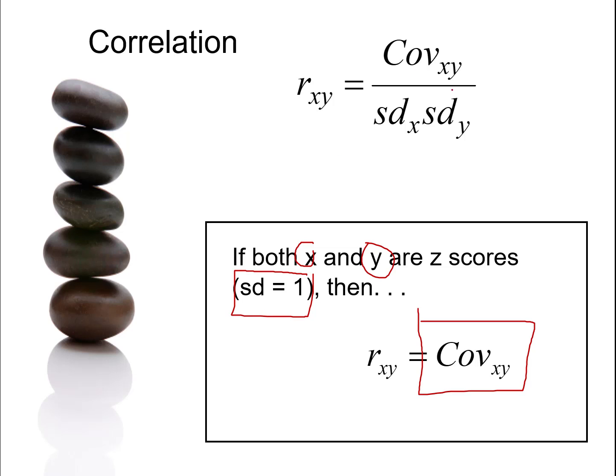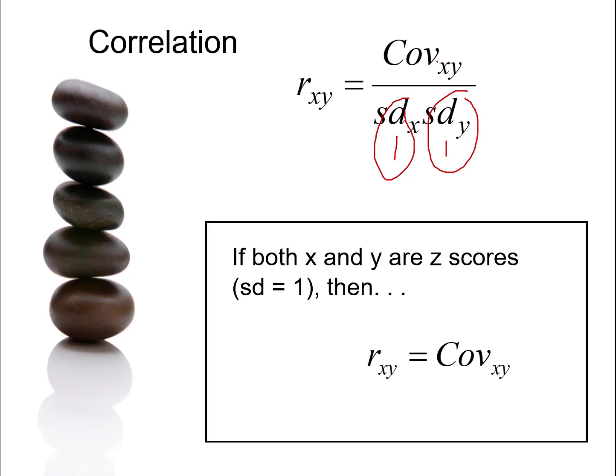And so if we look at our formula up here, if our correlation is equal to a covariance divided by the product of our two standard deviations, well, if both x and y are z-scores, then it will become the covariance divided by 1 times 1, because the standard deviation of x will be 1, standard deviation of y will be 1, and 1 times 1 is 1, and covariance divided by 1 is just your covariance. So if I standardize my variables, if I turn everything into z-scores prior to analysis, then my correlation becomes the same thing as my covariance.